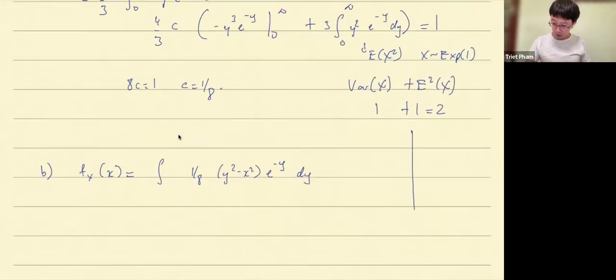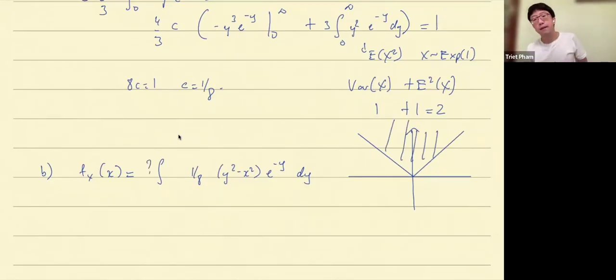So let me draw this region again. This is the region that says minus y less than x less than y. Y goes from where to where?